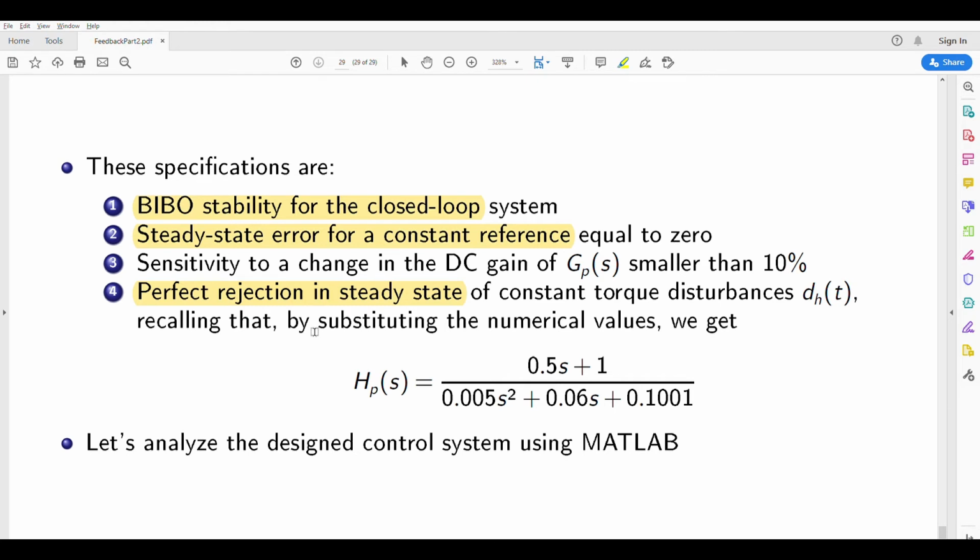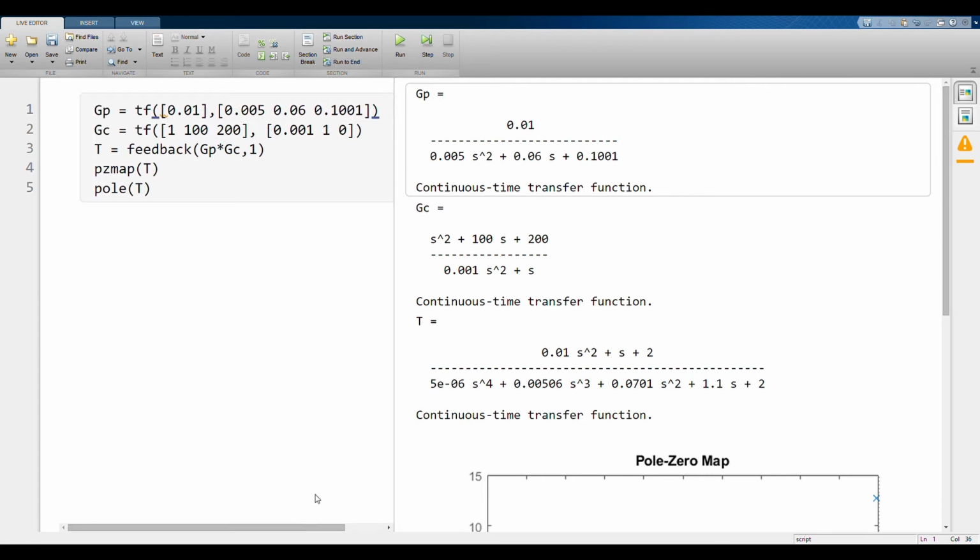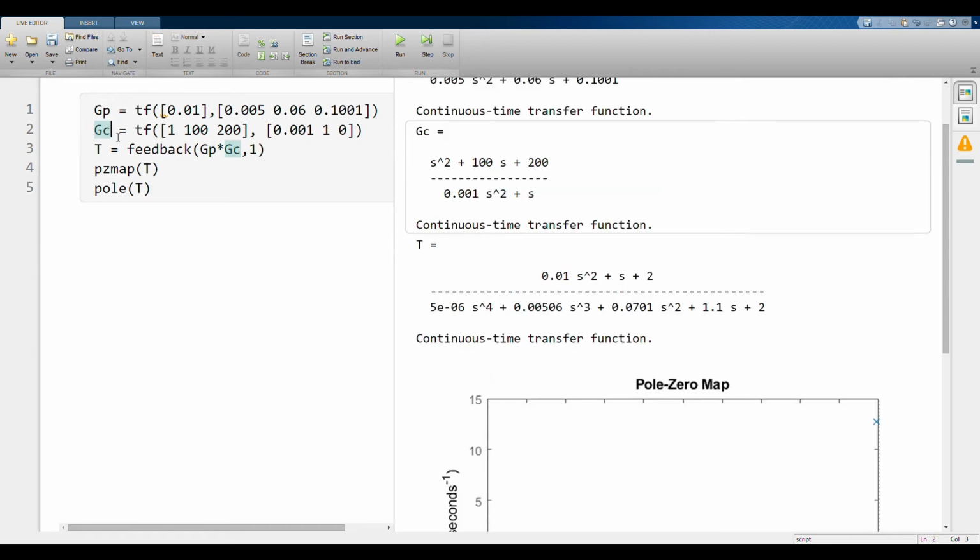We can analyze the designed control system using MATLAB. In order to check the BIBO stability of the closed loop system, here we have defined the transfer functions for GP, as you can see here. So GP is shown as 0.01 over the denominator. And then we have the GC in the form of a transfer function as well, s squared plus 100 s plus 200 over the denominator.